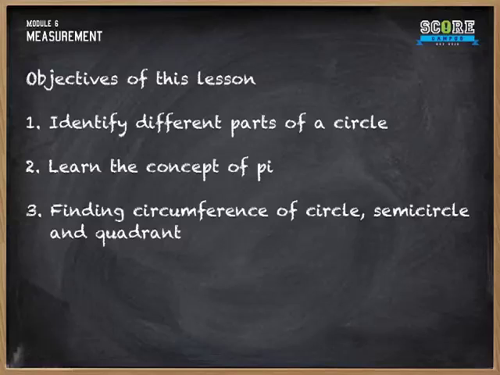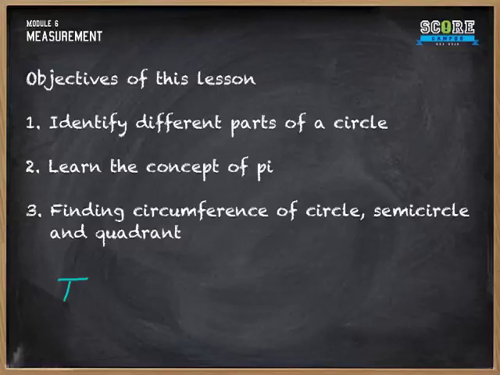Now, an interesting fact. If you take the circumference of any circle, and I mean any circle, and divide it by the diameter of the circle, it is always going to be the same. That means the answer you're going to get is always going to be the same. Mathematicians have called this constant pi, and we use it to calculate the area and circumference of circles. It is represented by a symbol, written this way.